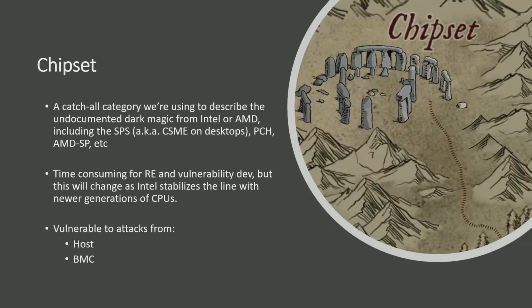All right. And then lastly, the category of just, this is the catch-all for all things chipset, right? So everything, like all the Intel stuff and the AMD stuff, we're talking the PCH, SPS, all of those pieces. The server side is a little bit different from the normal consumer line.